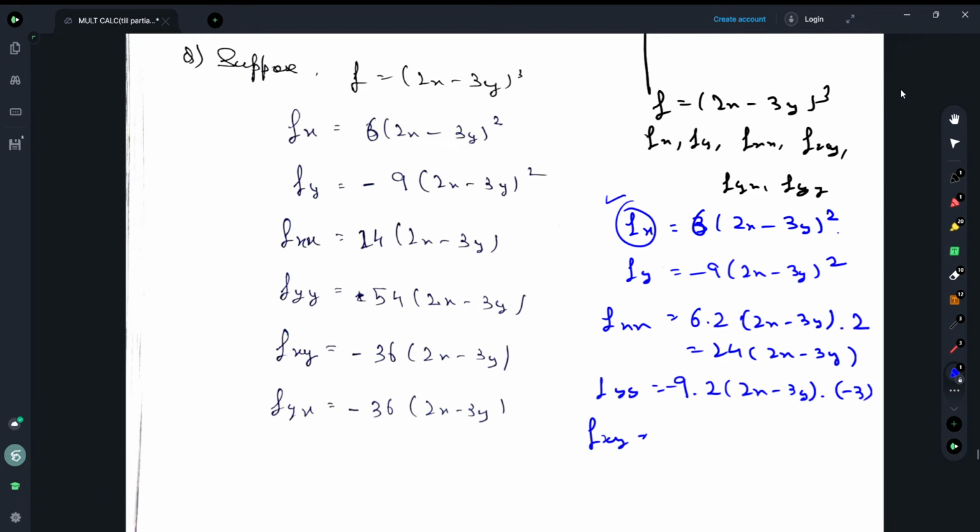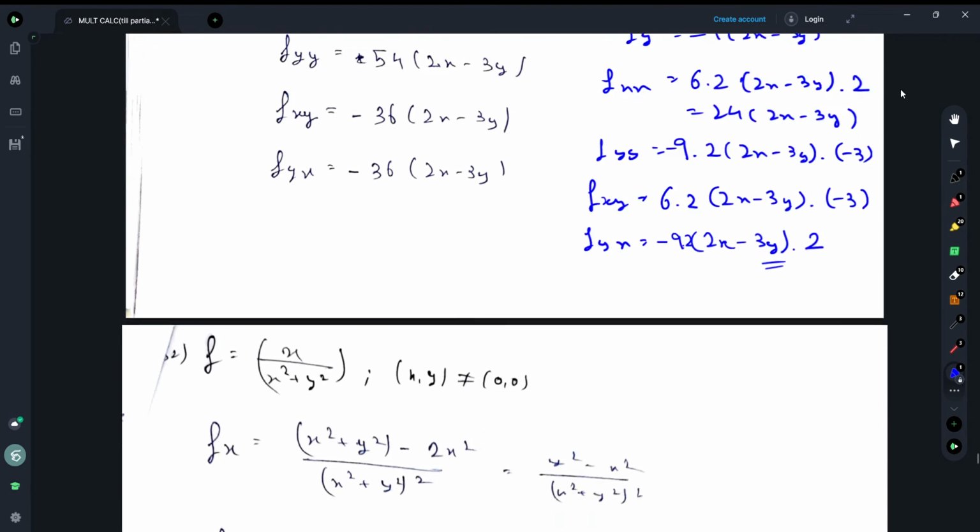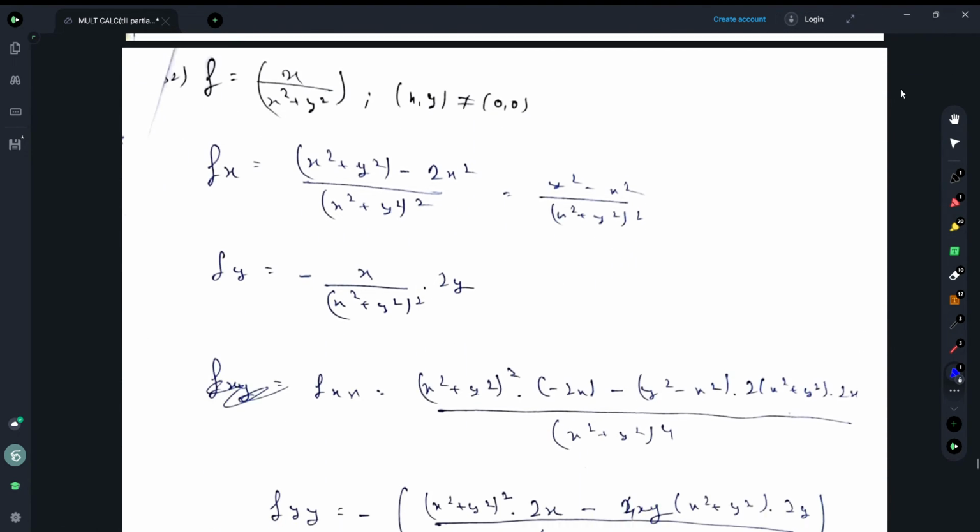So differentiating this with respect to y will give you 6 times 2 times (2x minus 3y) times minus 3, differentiating inside with respect to y. And fyx is differentiating fy with respect to x. This is minus 9 times 2 times (2x minus 3y) times 2. Clear? Got it? So these are the values of fx, fy, fxx, fyy, fxy and fyx. Second partial derivatives and first partial derivatives are clear at this moment.